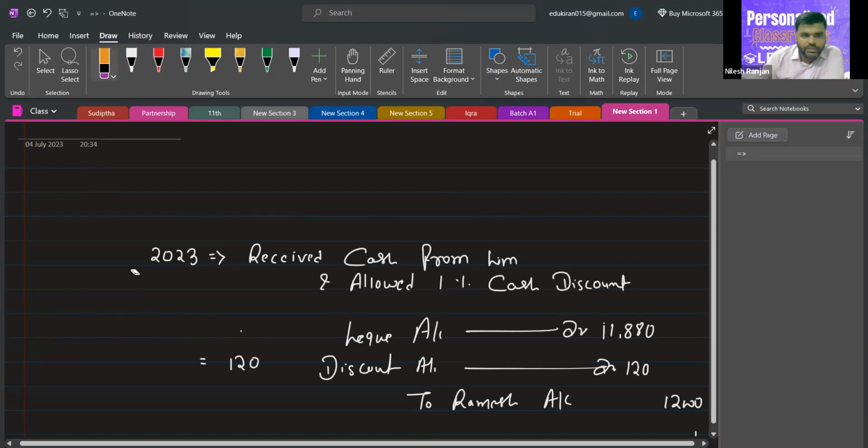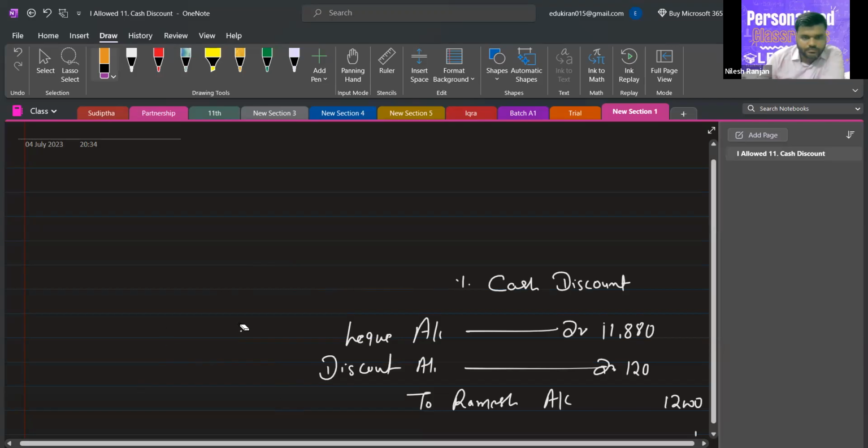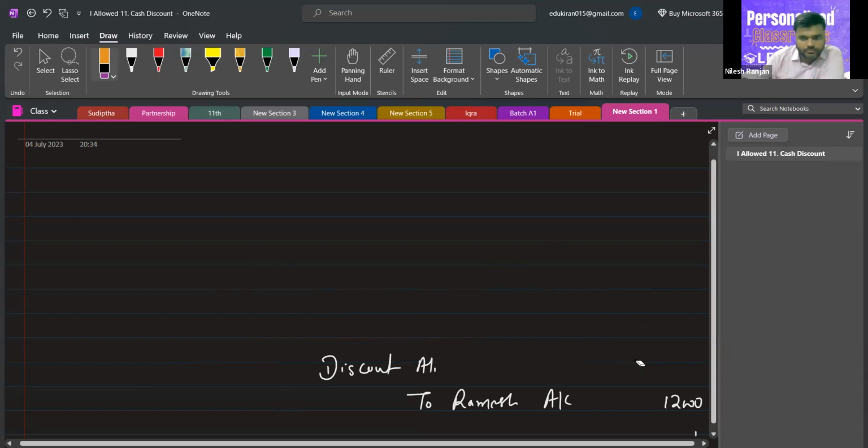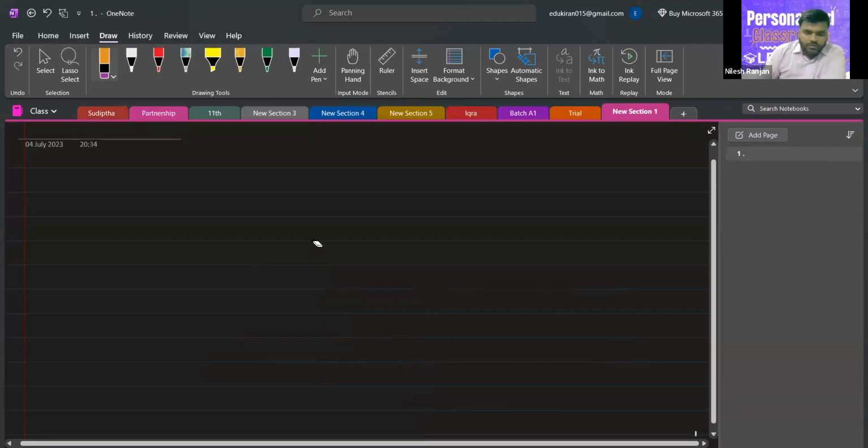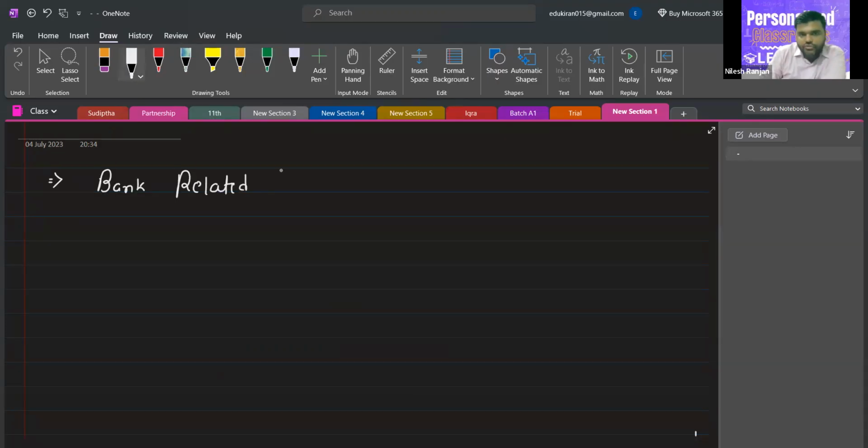So we were doing bank related transactions. It is our bank related transaction. Now there are two types of bank related transaction, either receipt or payment.